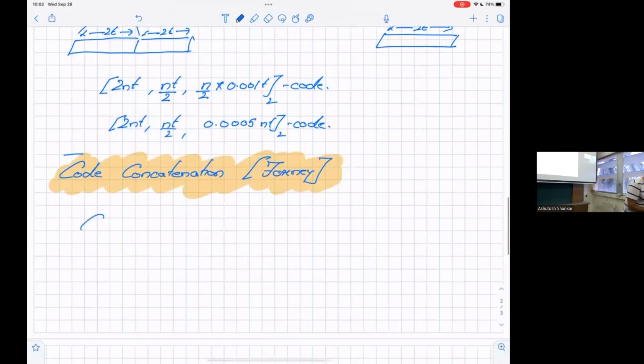So we have two codes. We have an outer code C out, and code concatenation does not have to be linear. We kept it linear. Code concatenation can be very fun.